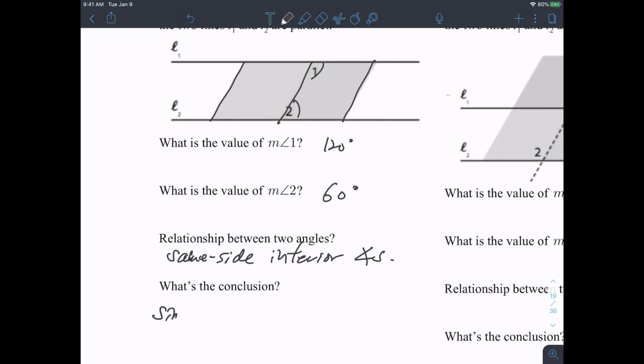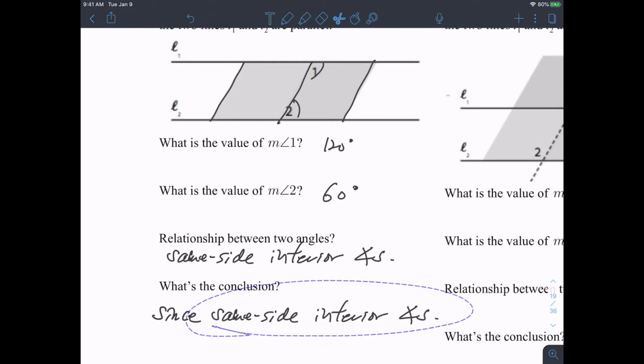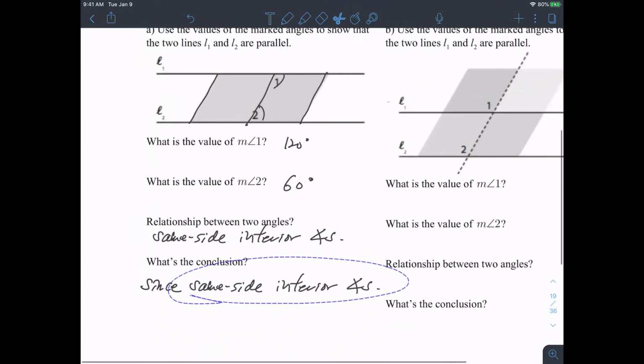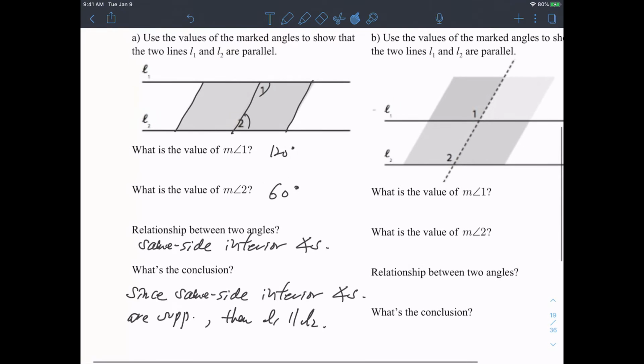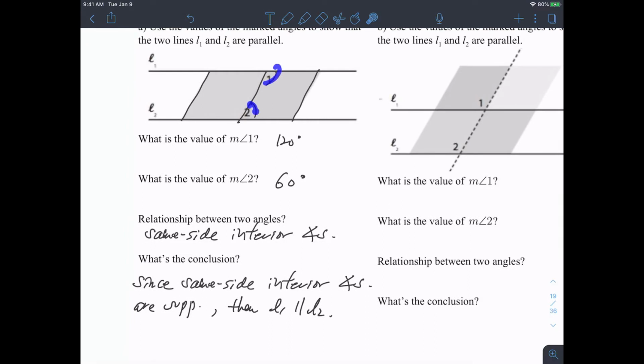Well, since this right here, copy, paste, are supplementary, then we know that line 1 must be parallel to line 2, right? If the same side interior angles are supplementary, then these two lines have to be parallel. That's the conclusion, right? Good.